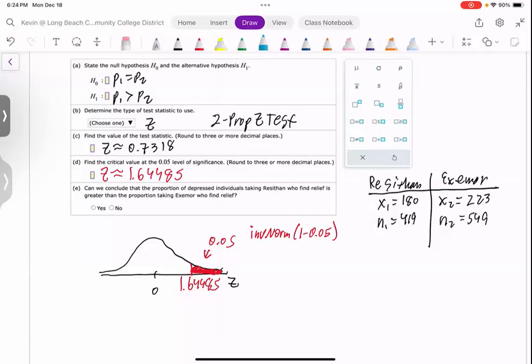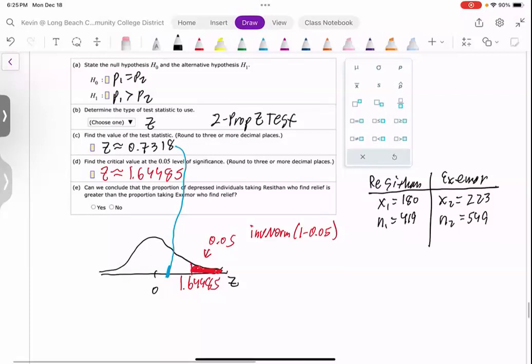And we can see that we are not in the rejection region. So we're going to fail to reject the null hypothesis. So can we conclude that the proportion of depressed individuals taking Resithan who find relief is greater? Nope, we cannot. We're sticking with the null hypothesis, where we think the proportions are still the same.